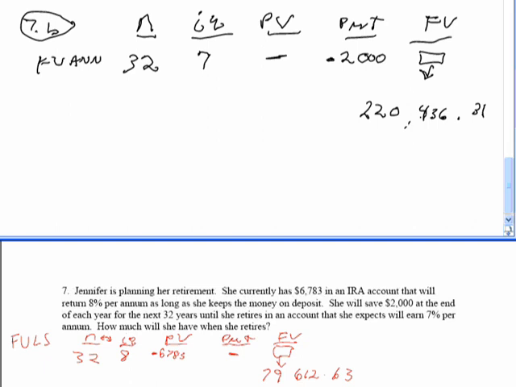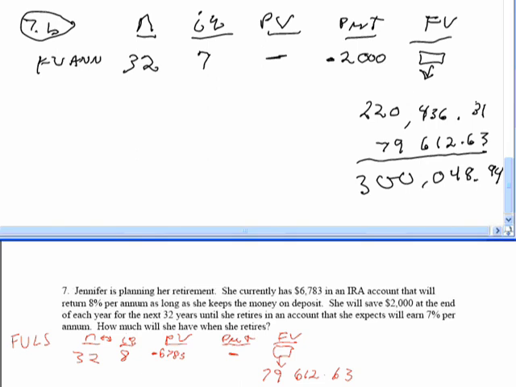But remember, from the first part of this problem, she's also going to have $79,612.63. So if we add the two pieces together, she'll have a grand total of $300,048.94.